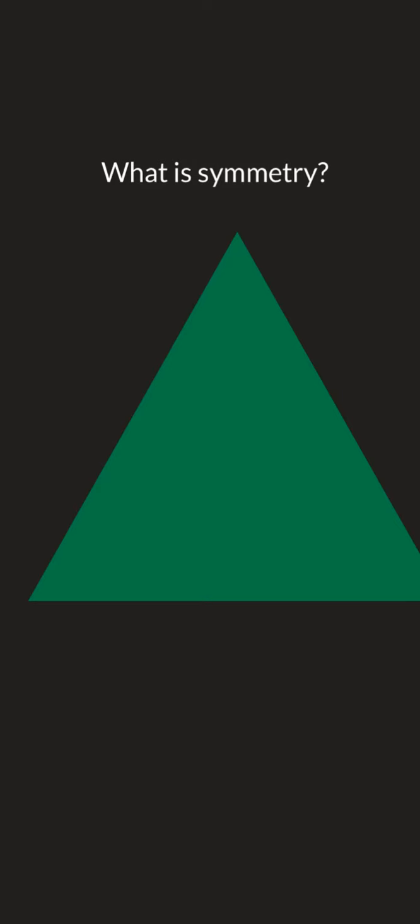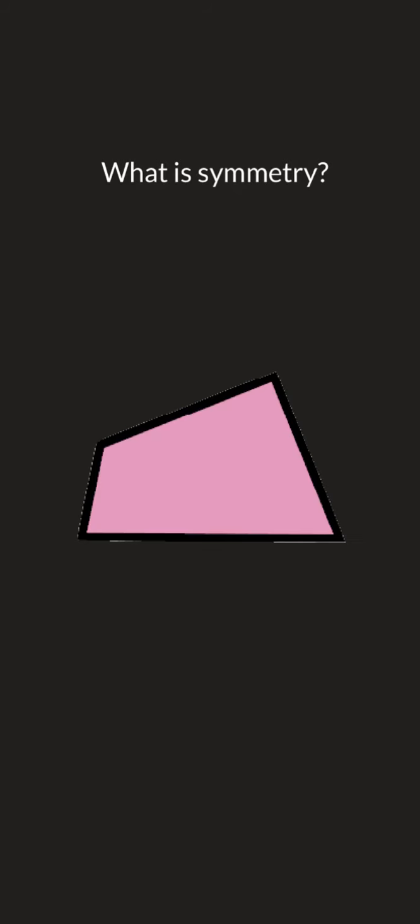If I drew a line here, you can see that that is not symmetrical. This part of the shape is not exactly the same as this part. So symmetry, or a line of symmetry, shows when two halves of the shape are exactly the same. Let's look at that with this trapezium.